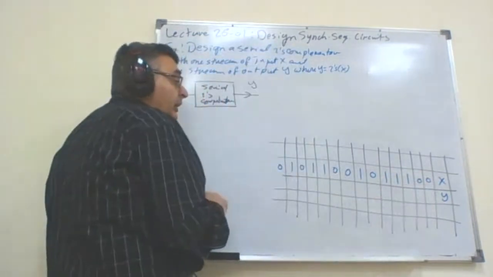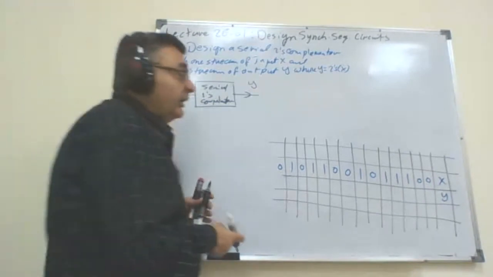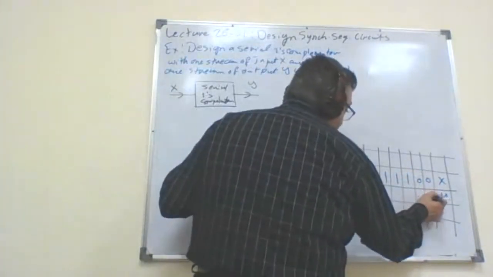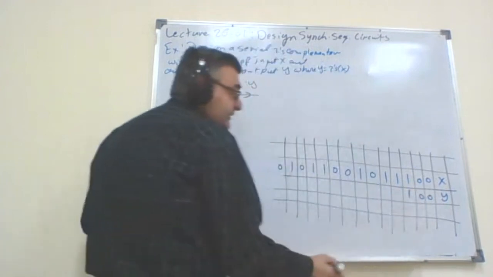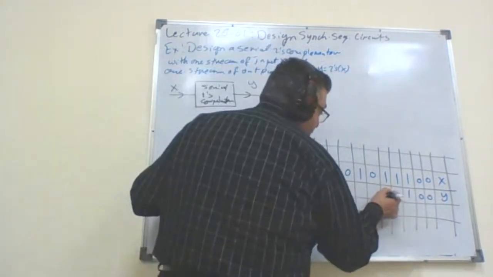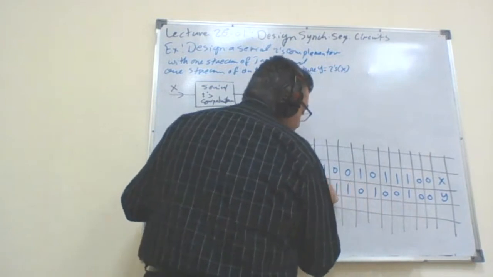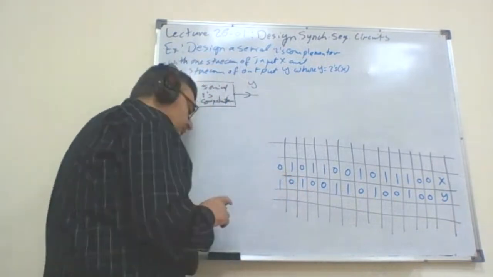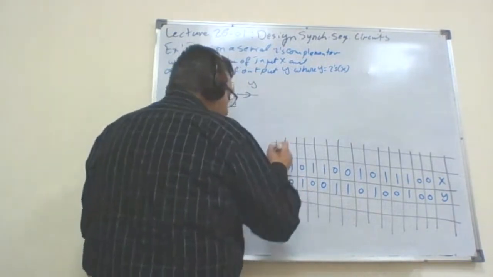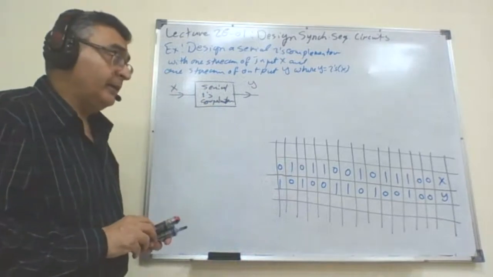In the method that we learned for the 2's complement, I have to keep the zeros as they are until I face the first one. The first one will be as it is, and after that I should flip the bits: 0 becomes 1, 1 becomes 0. So this is supposed to be the output of my circuit. Everybody agree? This is from our knowledge from chapter number 1.